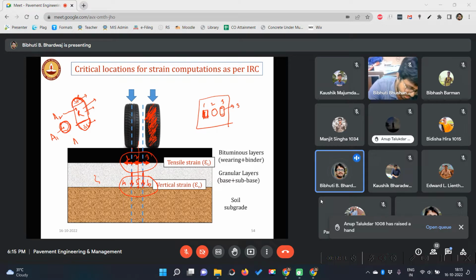So we consider A1 plus A2 and we get some total A. Then we convert it to a circle whose radius is calculated by this formula. Are you getting? Yes, sir. An equivalent circle is created which has the same area as this shape.